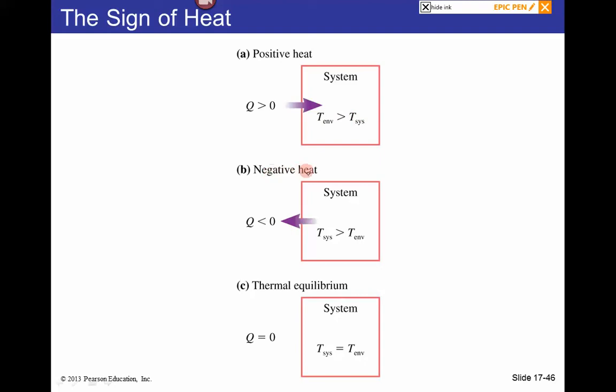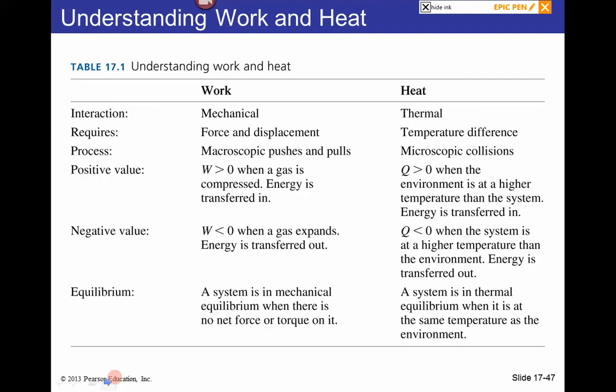If we have a negative heat, that means the system is losing energy. Energy is being transferred from the system to the environment, and the temperature of the system is greater than the temperature of the environment. When we have thermal equilibrium, both temperatures are equal and there's no energy transfer. Q is equal to 0.